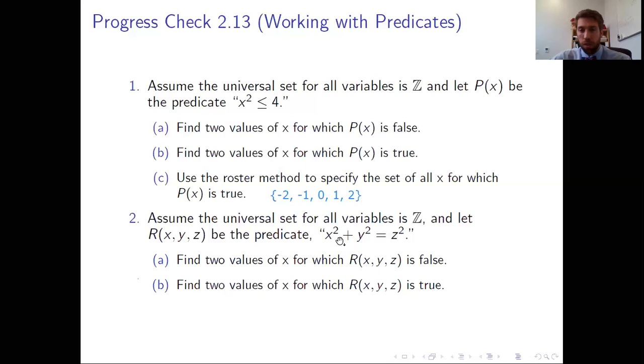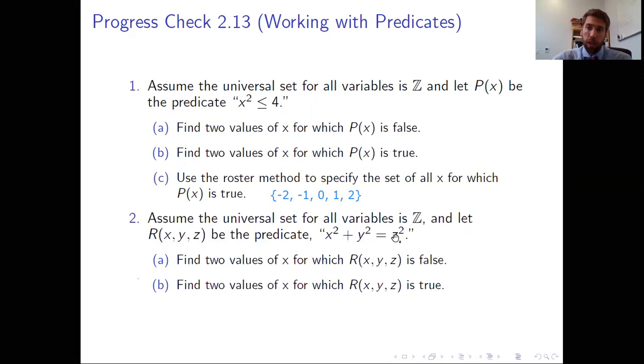Well, you might recognize this as the Pythagorean theorem. And so any three numbers you find are what's called a Pythagorean triple. So for instance, 3, 4, and 5 work, where 3 squared is 9, 4 squared is 16, 9 plus 16 is 25, which is 5 squared.